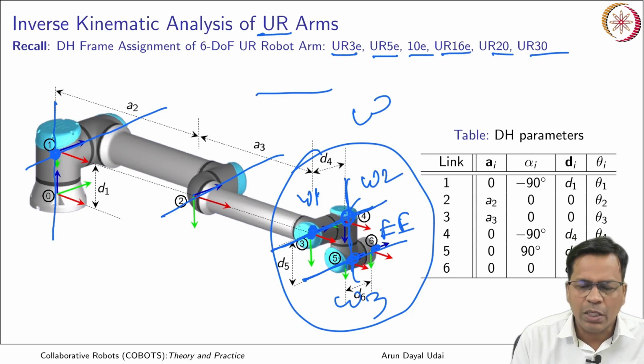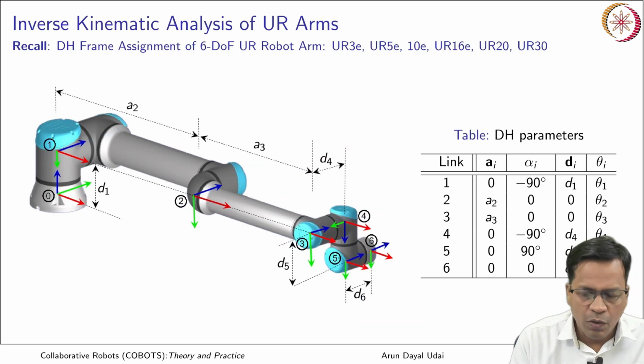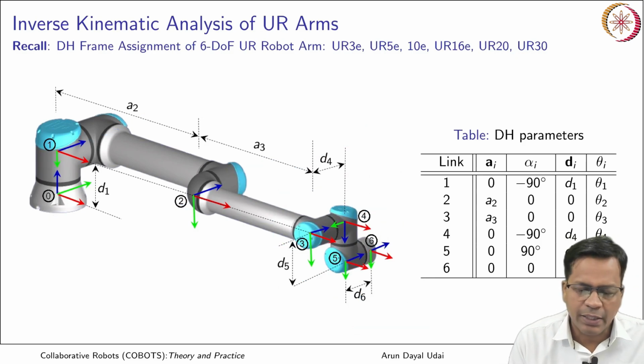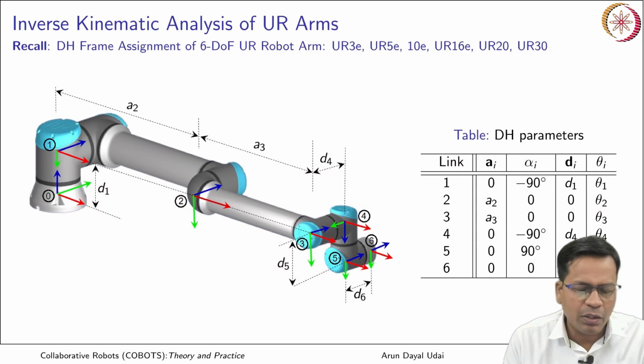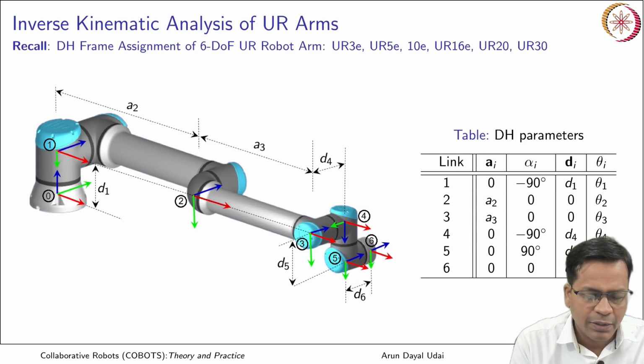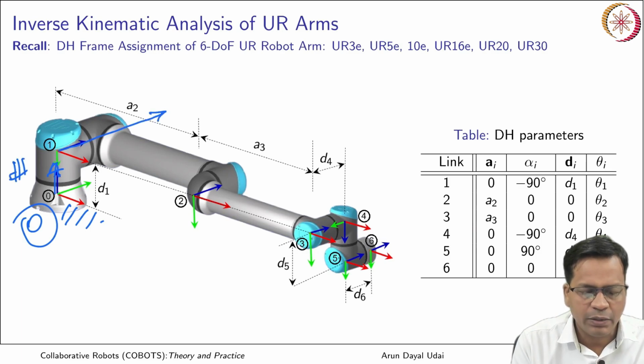We will quickly do the forward kinematics first. Forward kinematics we have already done earlier also. You can directly put all the rotating axes as z axis. This is your ground, the frame which is attached to the ground, and then link 1 ends up with frame 1 and this is your link 2.